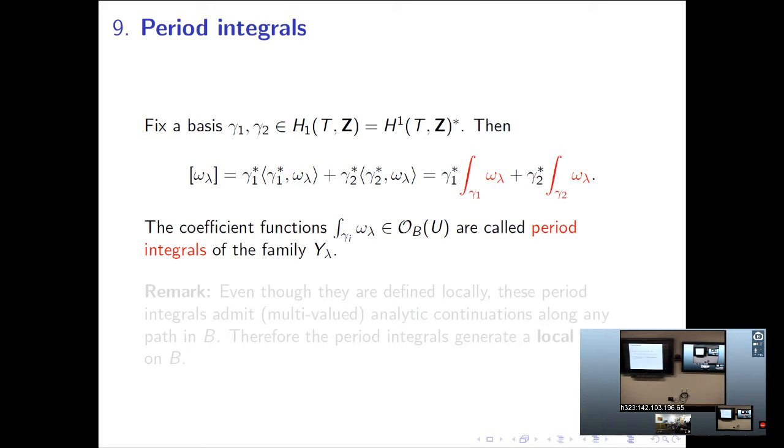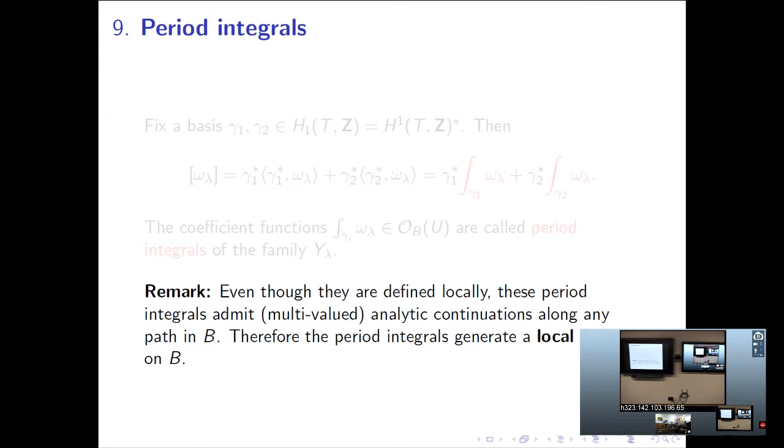So they are integrals of our form over the chosen cycles. So a priori, these integrals are defined only locally. However, given any path in the base, you can do analytic continuation of them to get a possibly multivalued function. So in general, they generate a local system on the base.